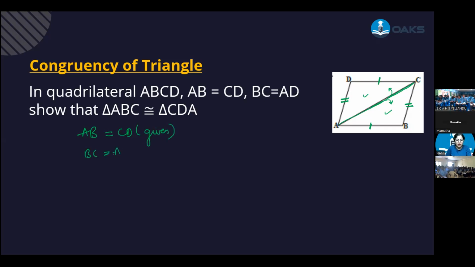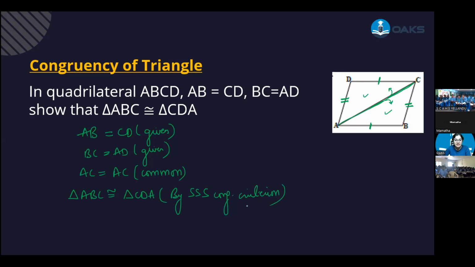BC is equal to AD, again given to us in the question, and AC equals AC, that is common. Now we can say that triangle ABC is congruent to triangle CDA by SSS congruency criterion, right?